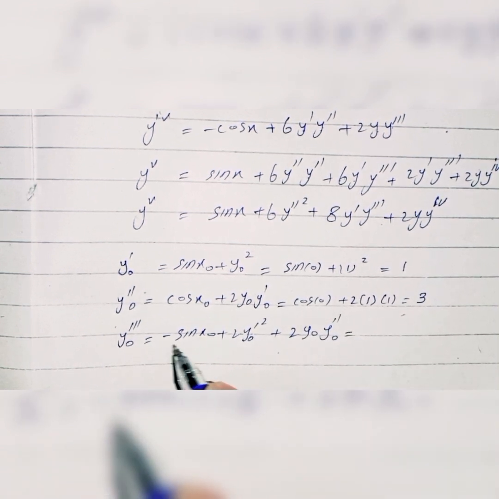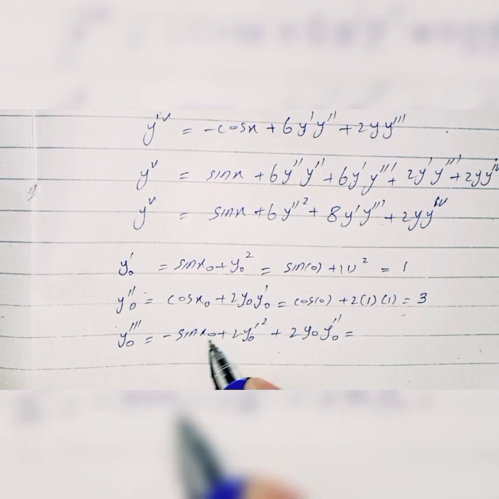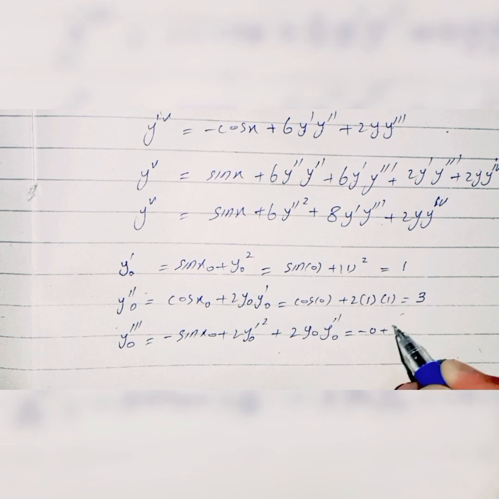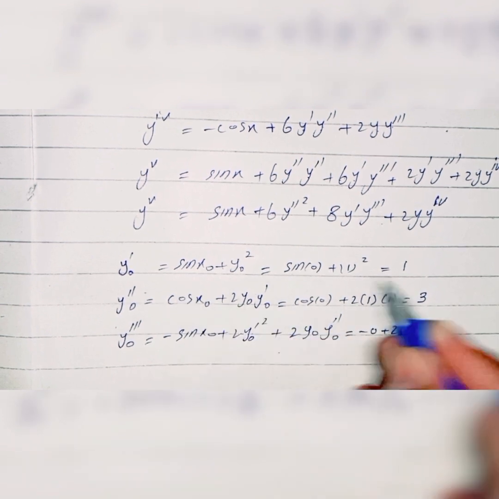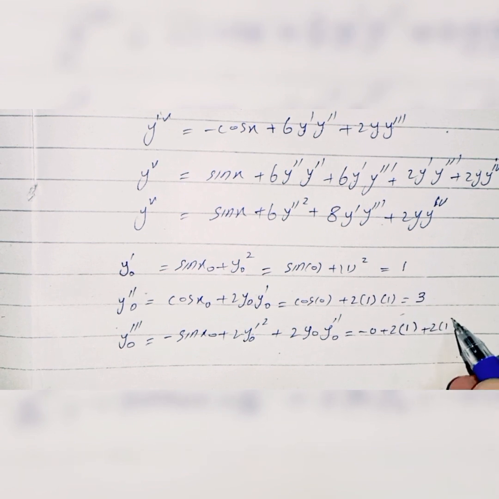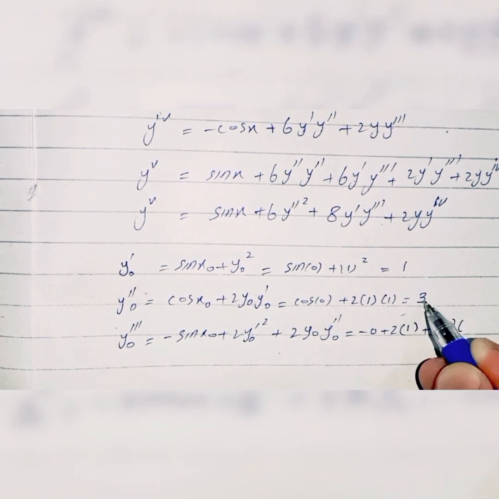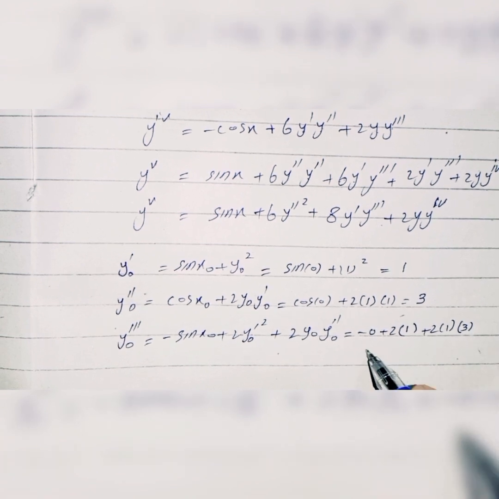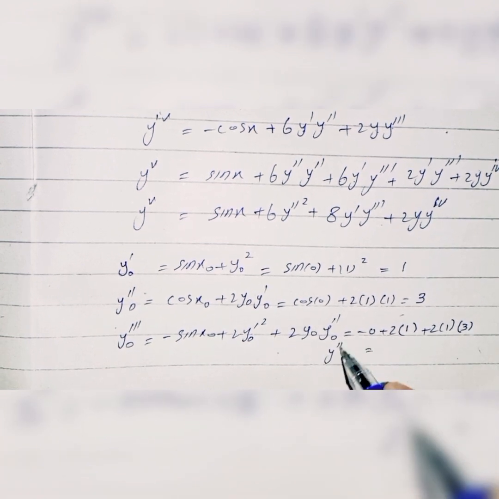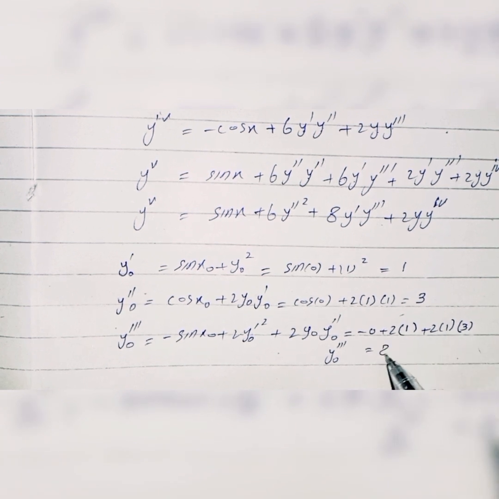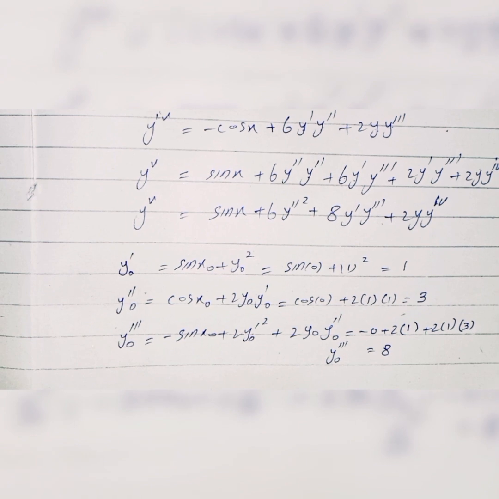Putting all these values, we know that sin 0 is 0, plus 2 times y prime naught is equal to 1, so the square of 1 is also 1, plus 2 y naught is equal to 1 and y double prime naught is equal to 3. After simplifying this expression, we have y triple prime naught equal to 2 times 1 is 2, plus 2 times 3 is 6, which is equal to 8.